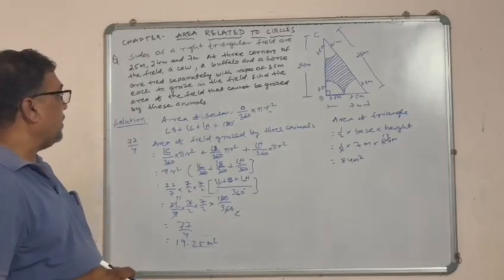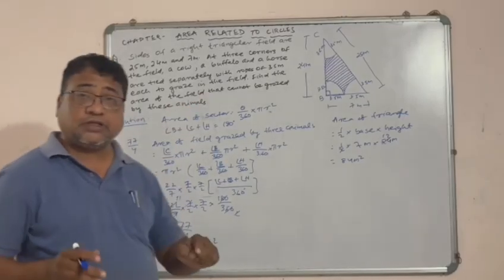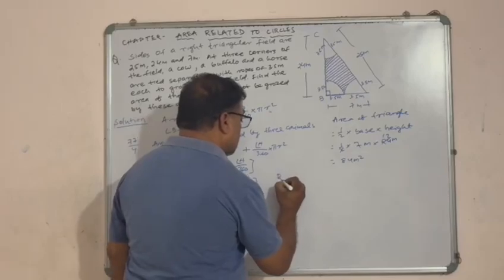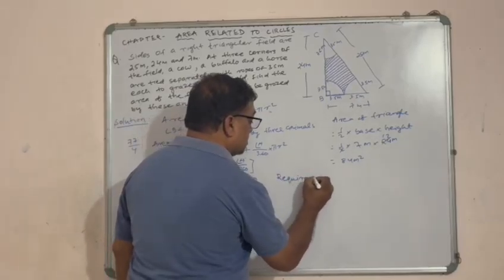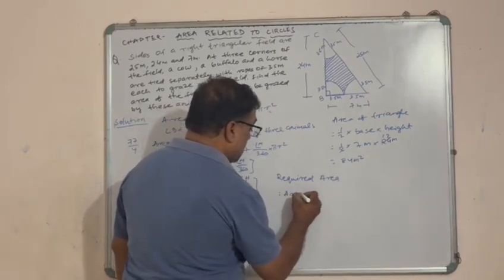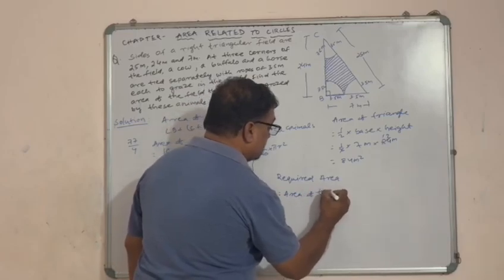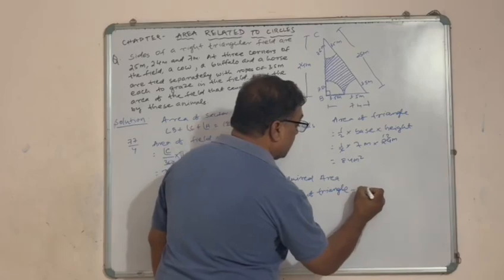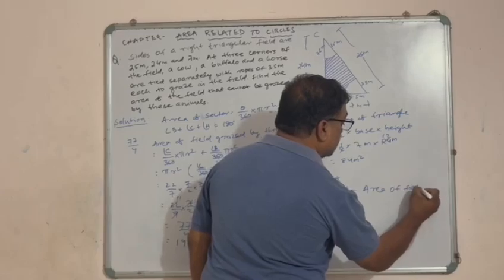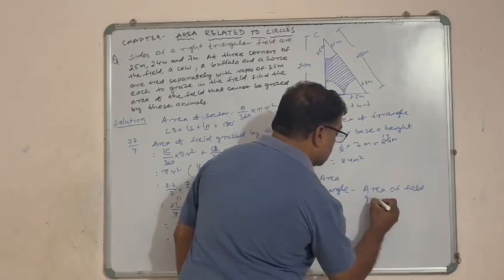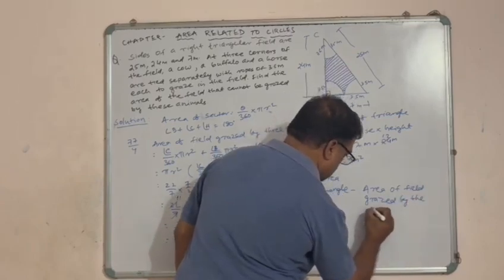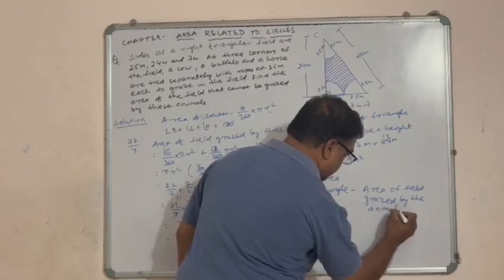Then lastly we need to find the area of the field that cannot be grazed by these animals, the area that is shaded here. So the required area equals area of triangle minus area of field grazed by the animals.